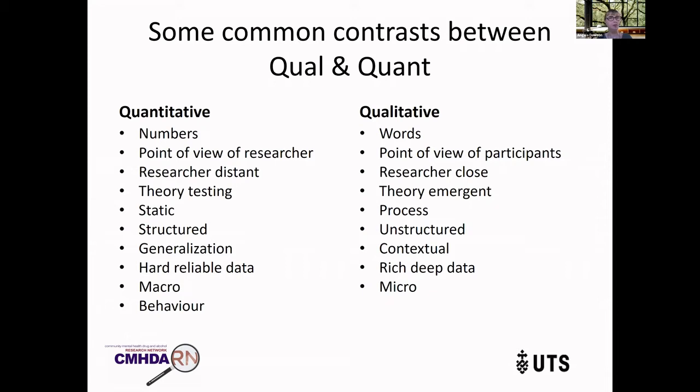Quantitative researchers are interested in behavior. I'm interested in meaning as a qualitative researcher. Often the settings in which quantitative research is taking place are artificial, they're created, whereas they're more natural in qualitative research.